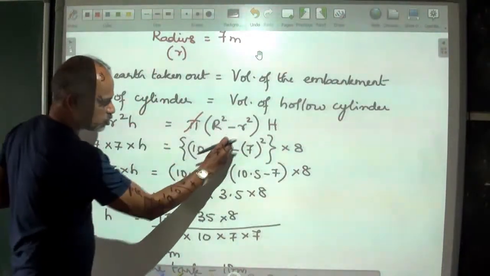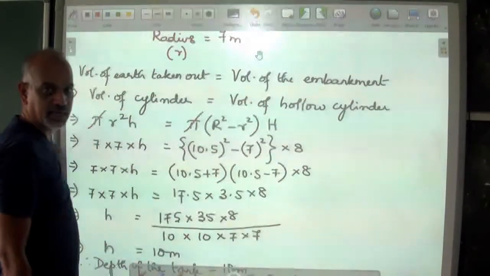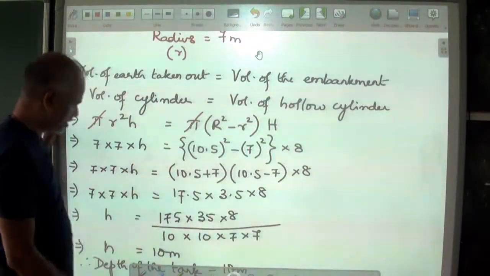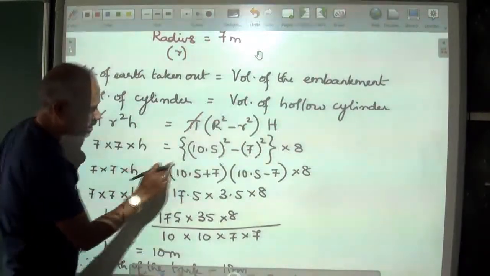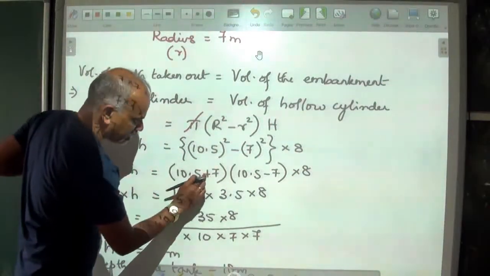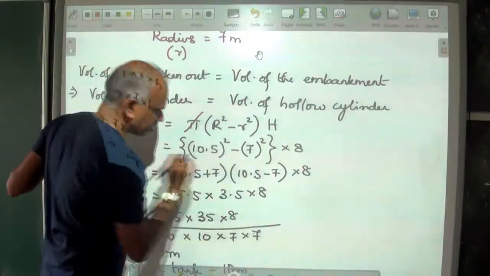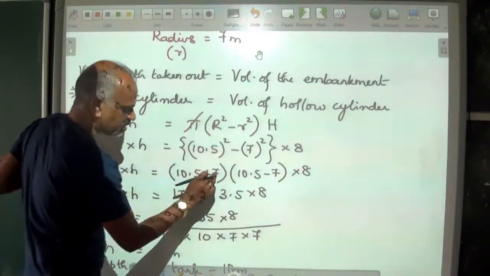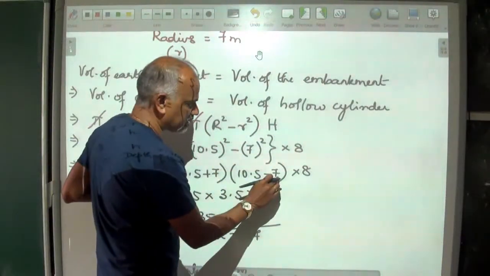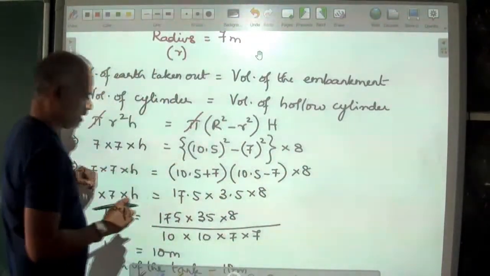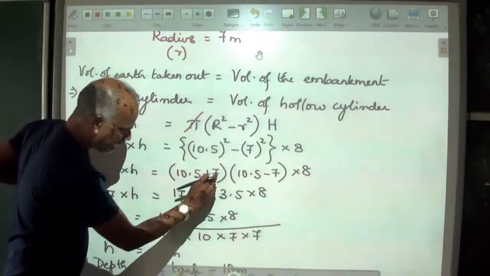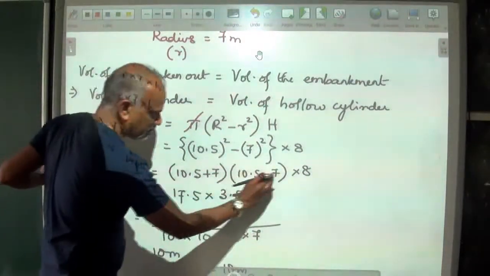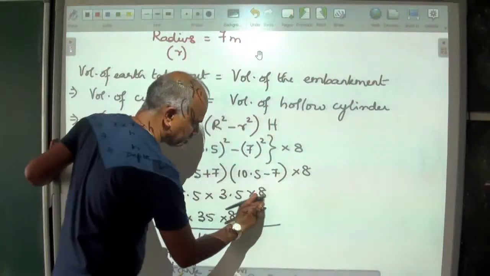This is in the form a squared minus b squared, which can be written as a plus b into a minus b. So this remains the same, 7 into 7 into h is equal to, this I have written as a plus b into a minus b. That's 10.5 plus 7 into 10.5 minus 7 into 8. If you simplify this, that's 7 into 7 into h is equal to, if you add this you will get 17.5, if you subtract this you will get 3.5 into 8.